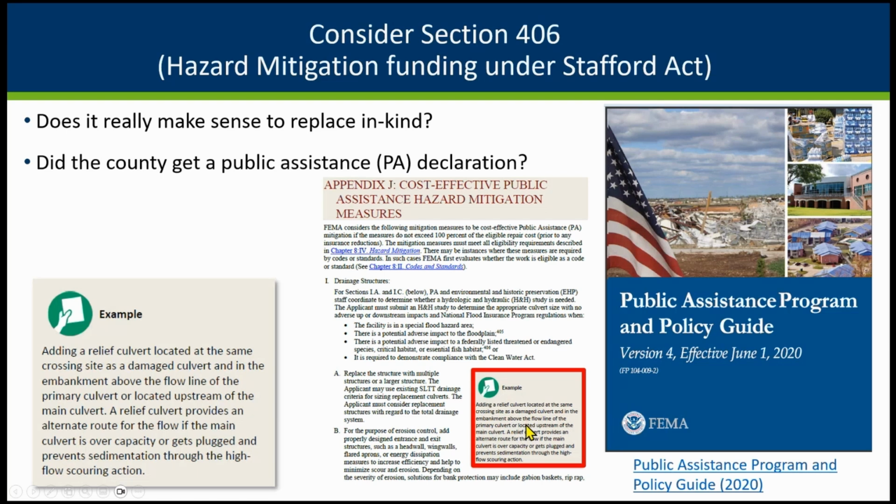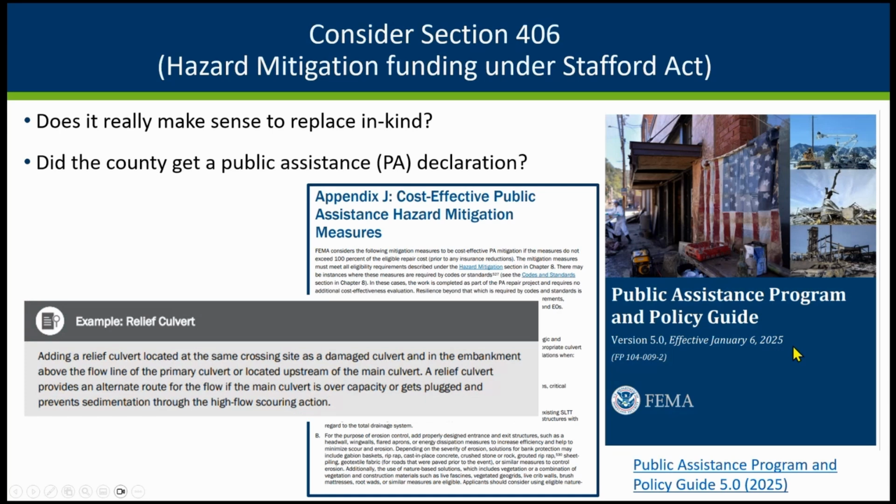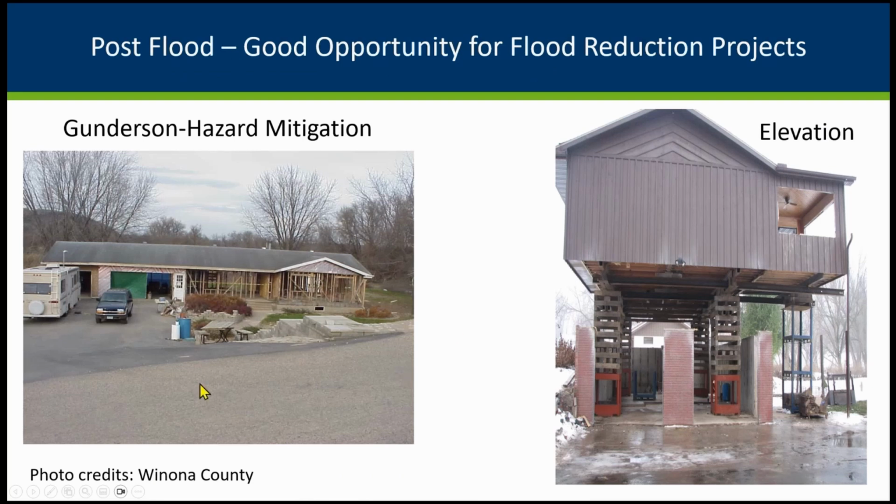And one of the examples they actually give in the guidance is something they call a relief culvert, which is basically the same as what we call floodplain culverts. Now, I will note that, and this is Appendix J, and it's mentioned there, I will note that they just came out with the 25 guidance here, an update to that, but they still have that same Appendix J, and they still talk about the relief culvert being one of the examples here. And that's something we definitely encourage when we're in the final phases after the flooding, is doing what we can to reduce future damage.